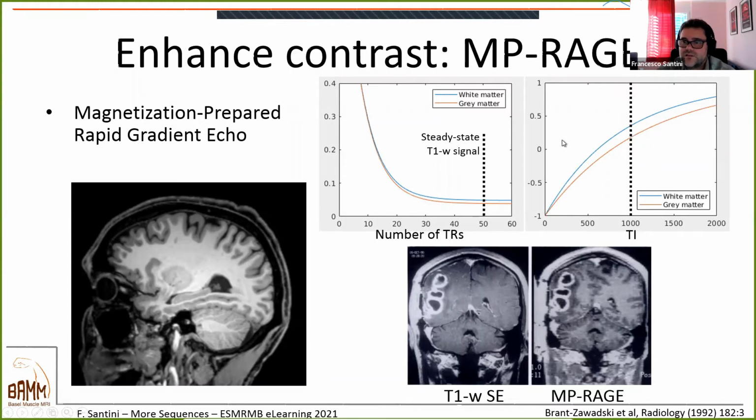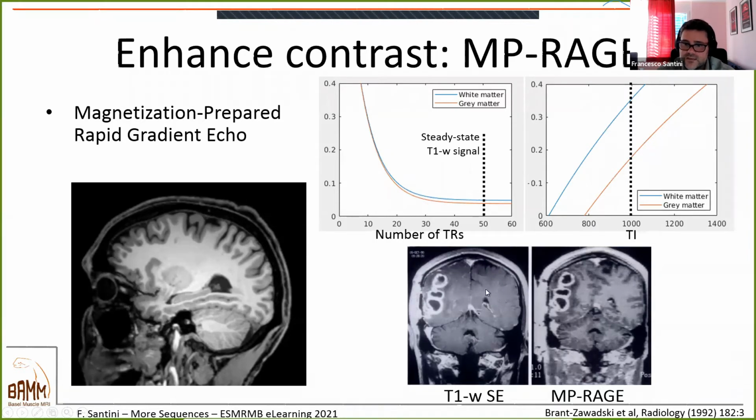So if we rescale these to the same scale as this plot on the left, we see that the white matter has a very high relative signal, and the gray matter has a much lower relative signal. So we have this very nice contrast.